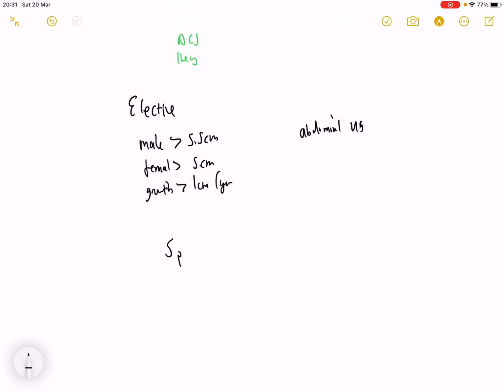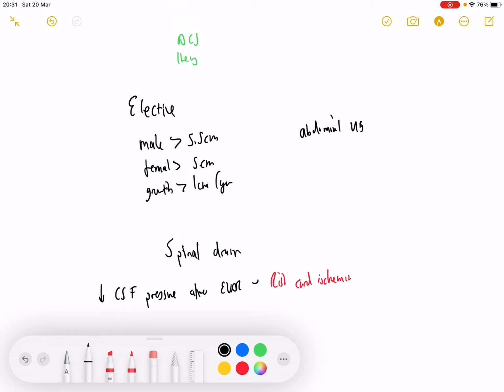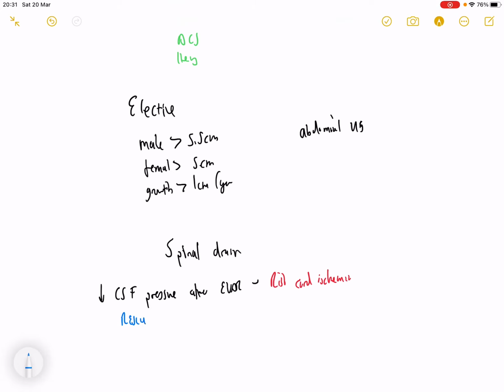So when might you use a spinal drain? Well, first of all, they are to reduce CSF pressure after an EVAR, because they are at risk of cord ischemia, and you can use it as a rescue therapy if they do get paraplegia.